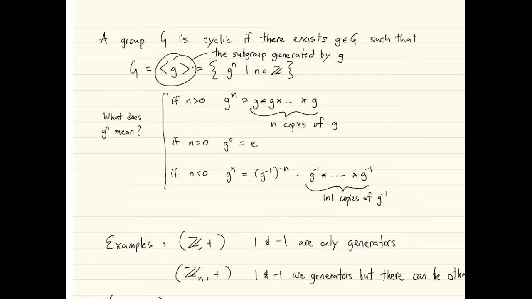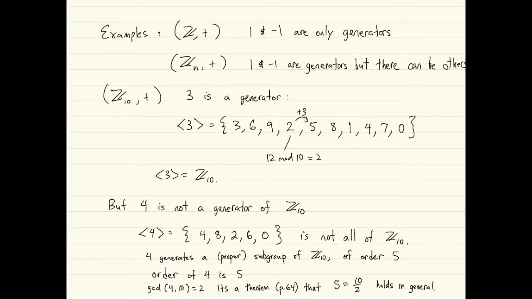Okay, so here are some examples of cyclic groups. The simplest example, maybe, is Z with addition, and there 1 and negative 1 are generators. Why are they generators? Well, if you take all the powers of 1.